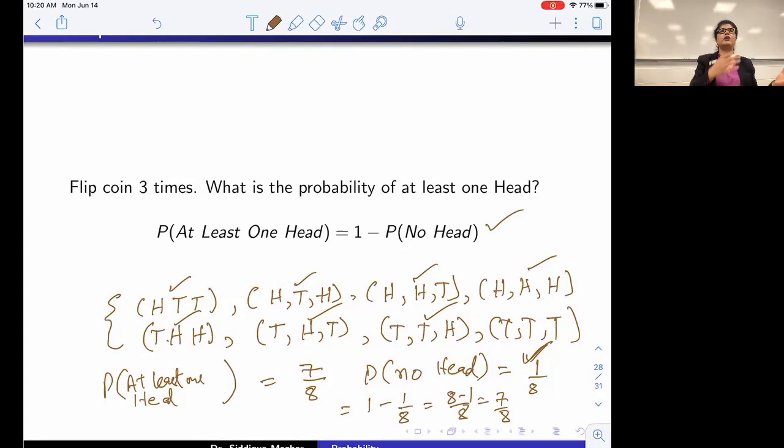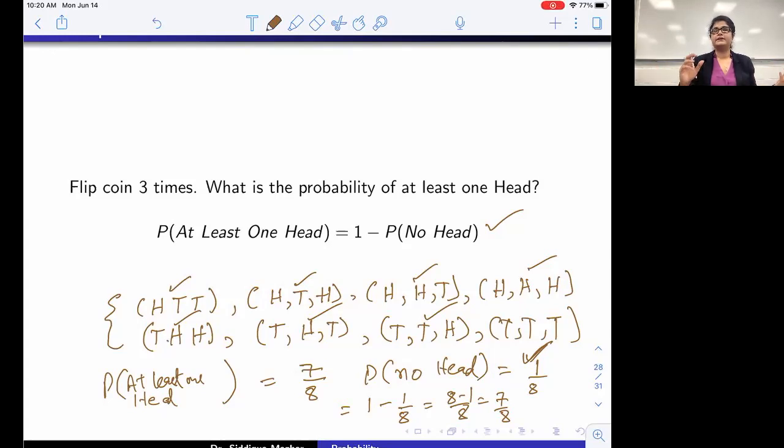Instead of looking at each sample which has at least one head and counting it down, for 3 times that is fine. But what if I ask you 4 trials? Then you will have 16 sample spaces.